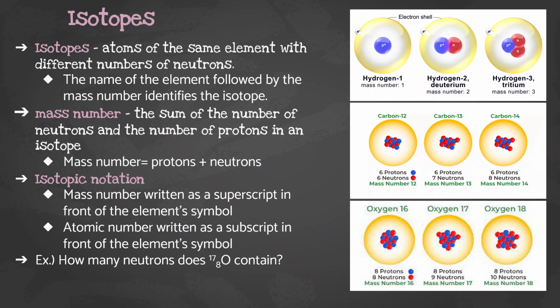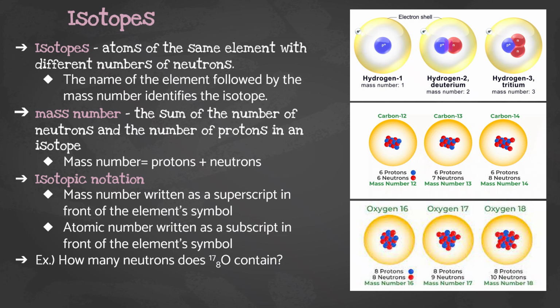Then we have isotopic notation, and this is when we write the mass number in the superscript, so really tiny up at the top of the element symbol. And then we have the atomic number, which is written in the subscript. So we write it really tiny at the bottom of the element symbol. So you can see this in the example below.